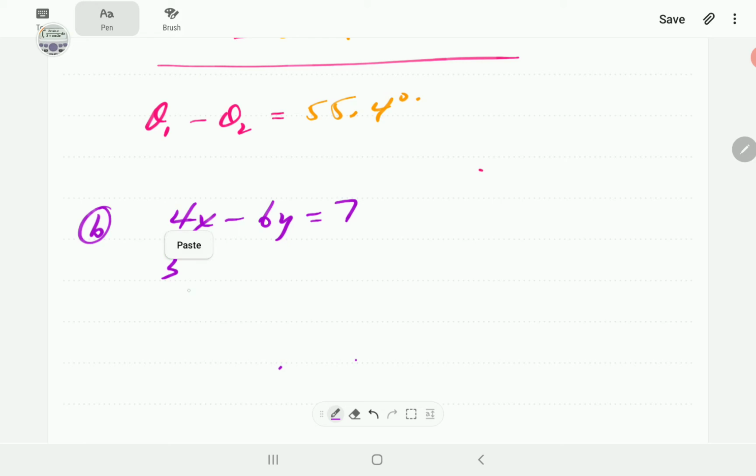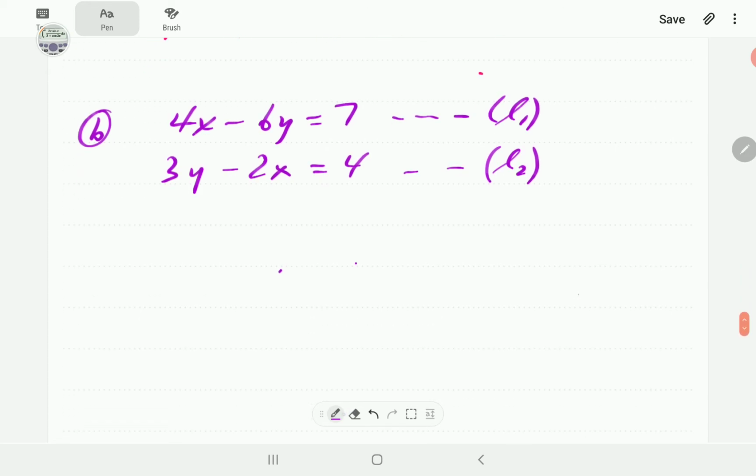The other line is 3y minus 2x is equal to 4. Call this L1 and call this L2. So what we're going to do again is make y the subject of the formula in both of the lines.